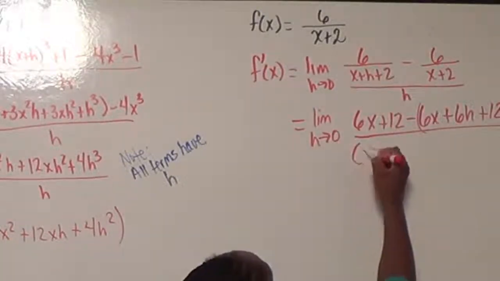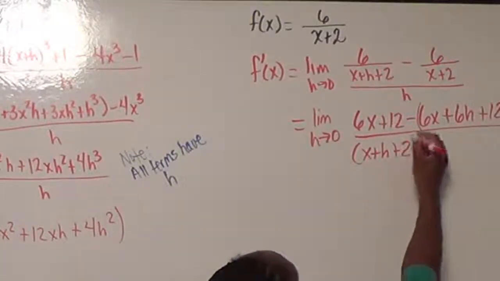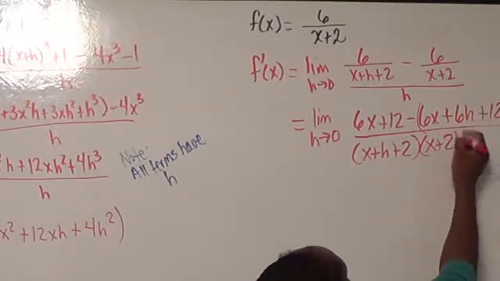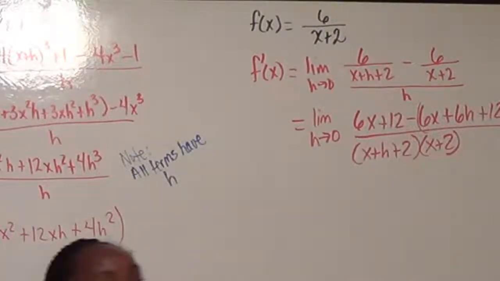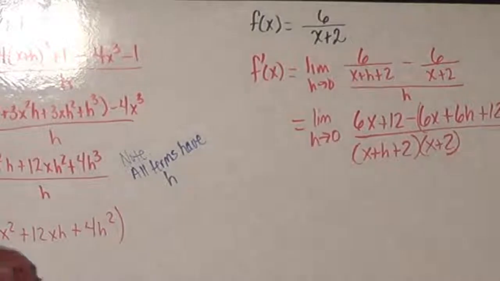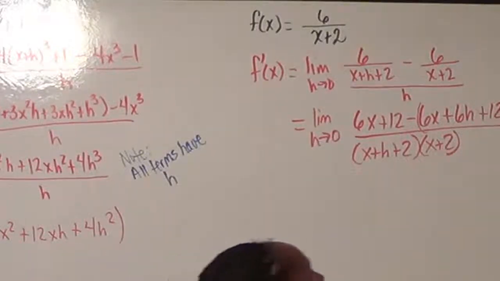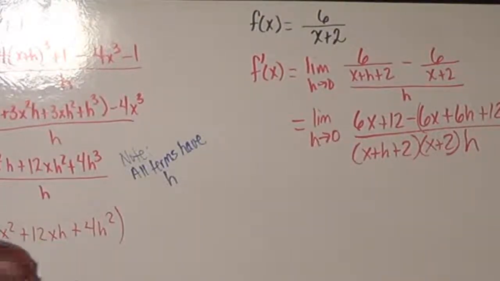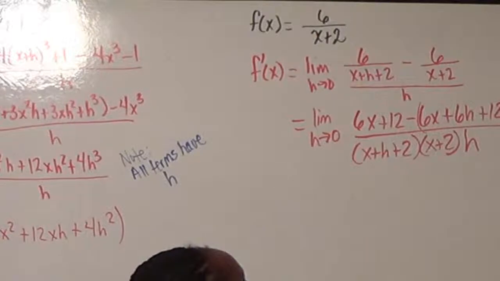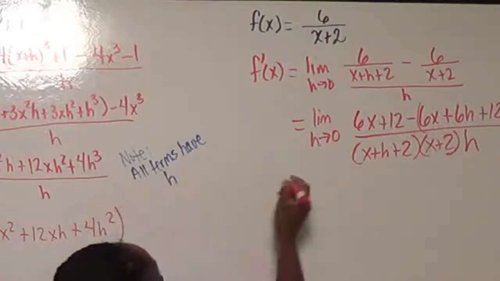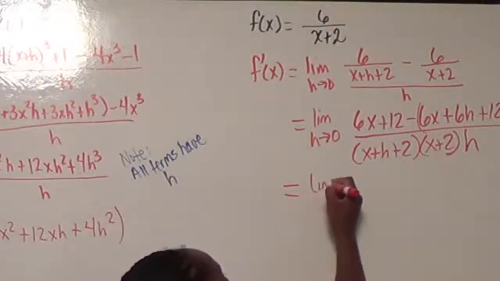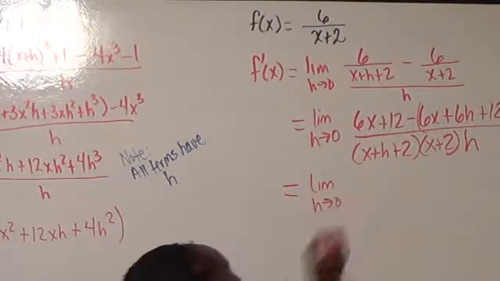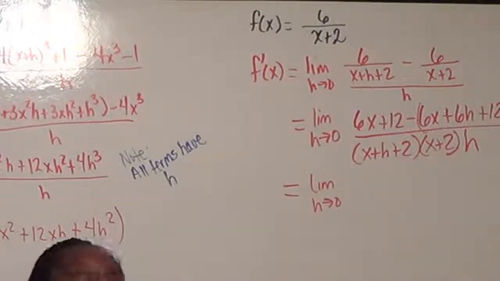My common denominator, and then that h in the denominator, the bottom denominator, when I go to rewrite, I'm going to invert and multiply by 1 over h, so that h is going to end up in the bottom again. Okay. From here, just like my previous example, I'm going to go ahead and simplify.